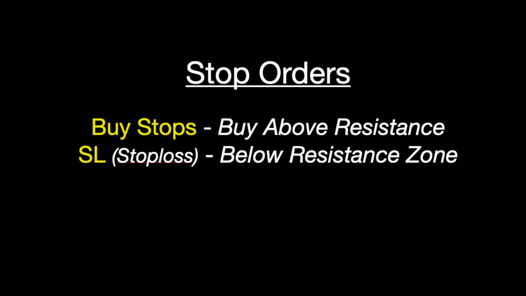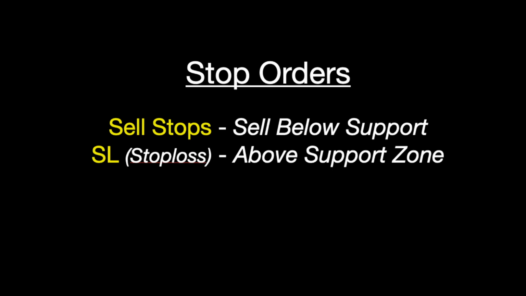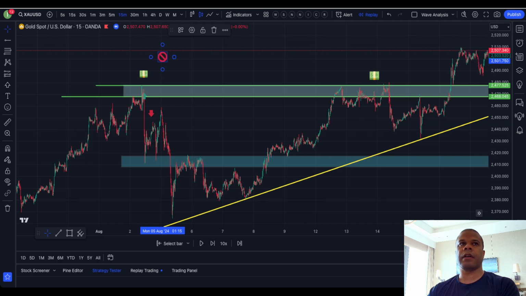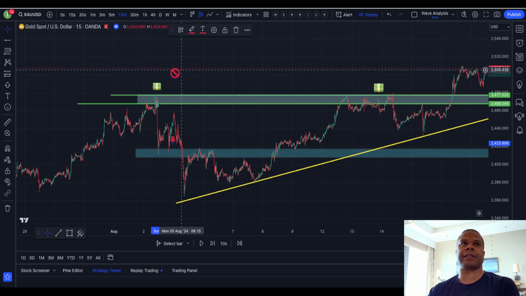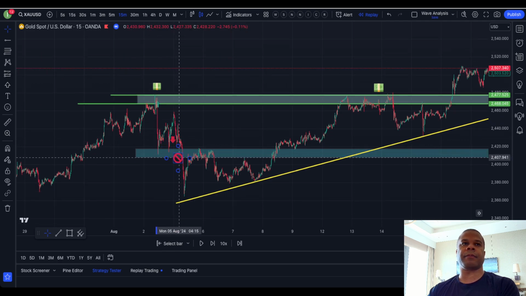As well as let's talk about sell stops, right? They saw the market dropping. They saw this level at that time. They probably didn't see this level being made, but you would have had some people with sell stops, and boom, they made money, got on the right side of the market, and hopefully they got out and made money.